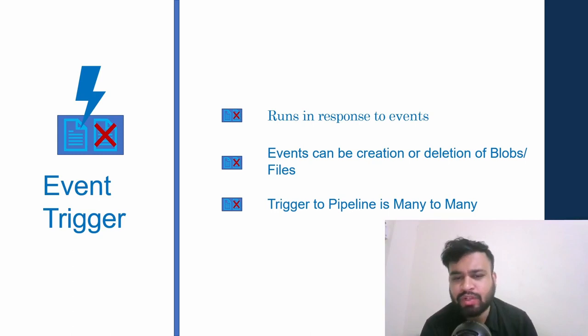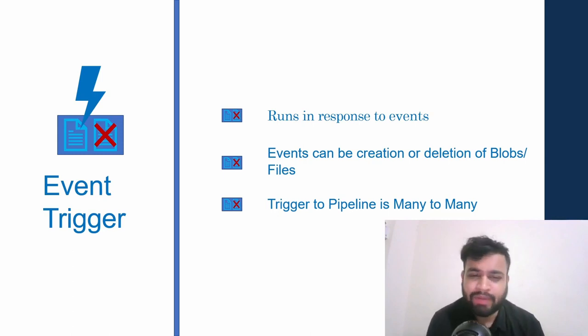In addition to that, event based triggers are not only compatible with blob but also available with Azure Data Lakes. Similar to the schedule triggers, event triggers can also work on many to many relationships, in which a single event trigger can run several pipelines, and a single pipeline can be run by multiple event triggers.